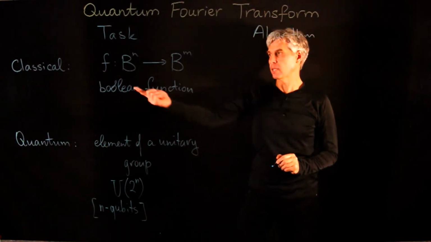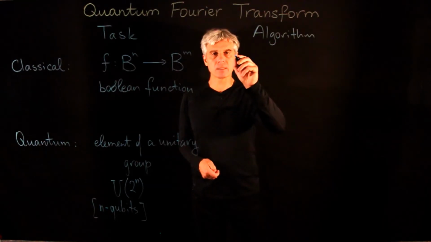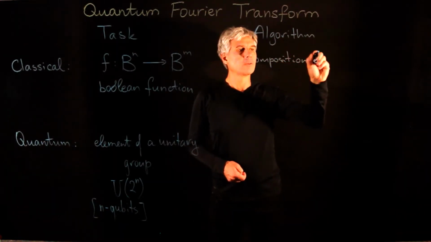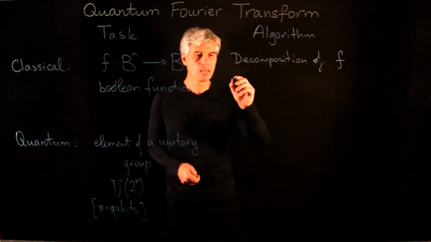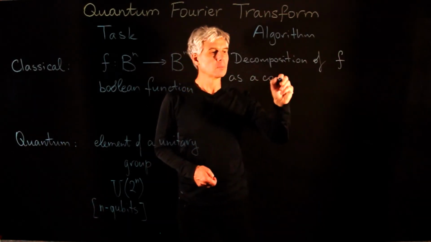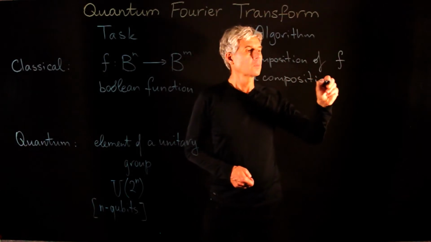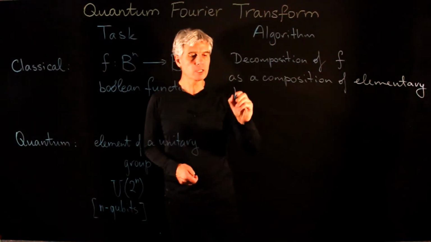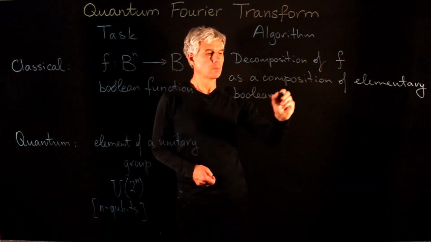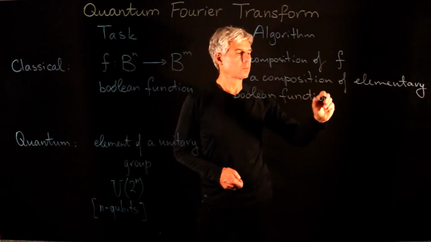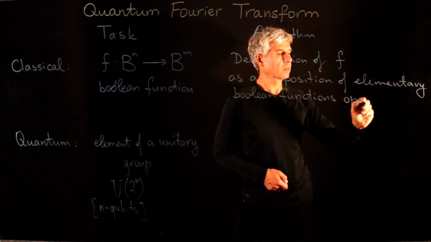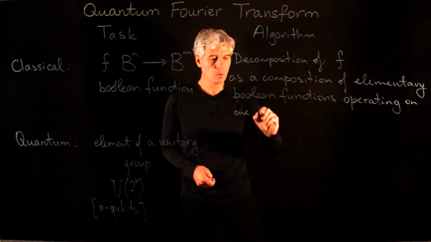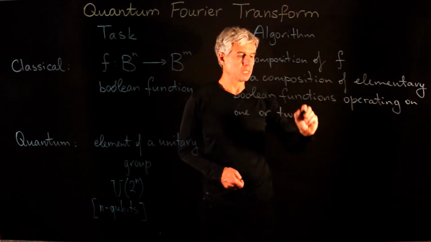So what's an algorithm? In classical case, an algorithm is a decomposition of this Boolean function f as a composition of elementary Boolean functions operating on one or two bits.